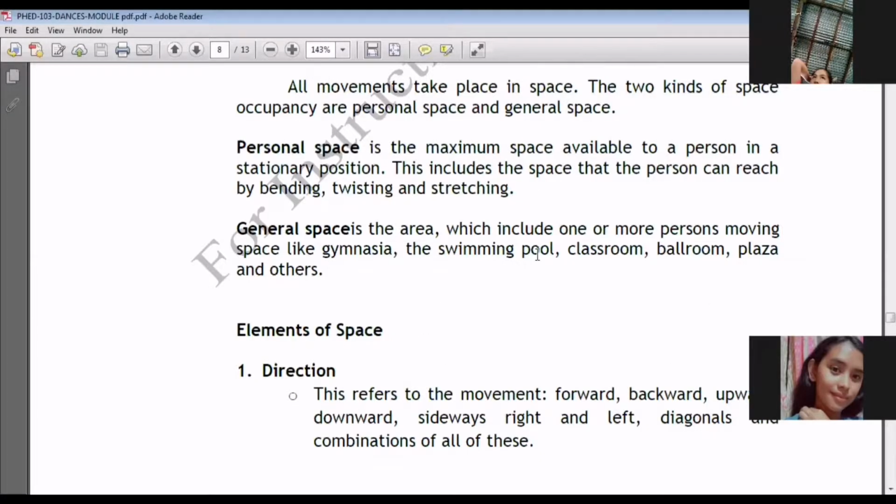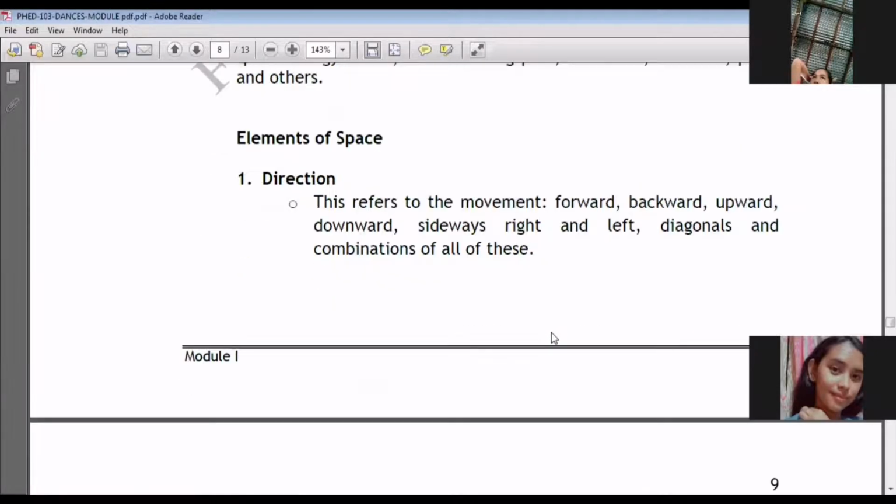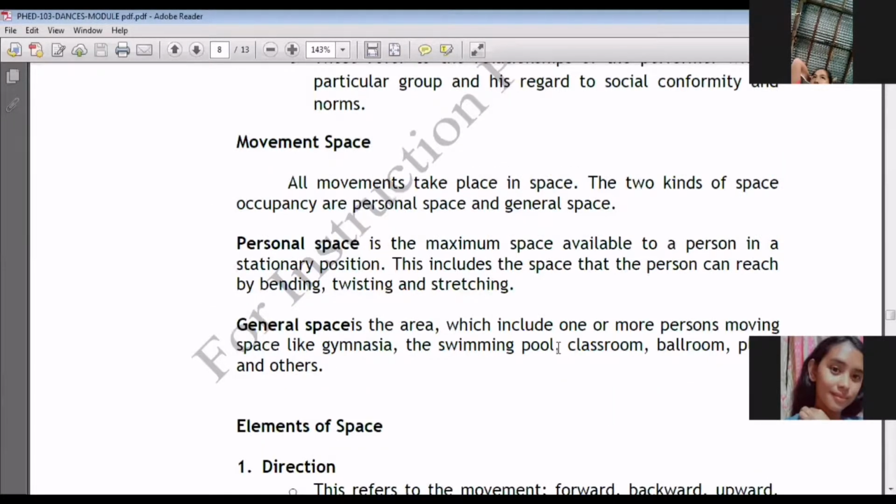All right. If there are other questions, I'm still open to questions because we have still 1 minute before we end the call and continue with another call for the last topic, the elements of space. Any other question?